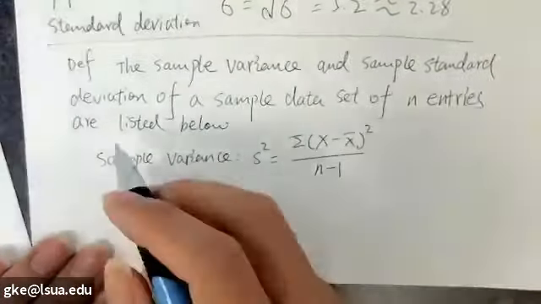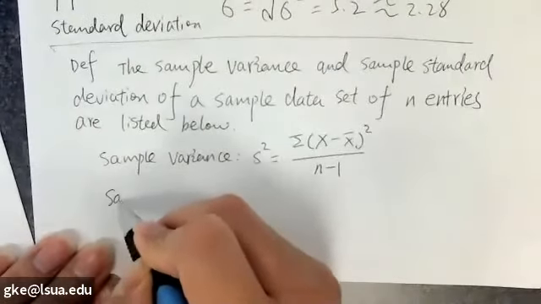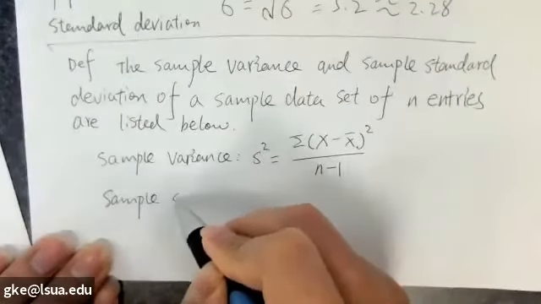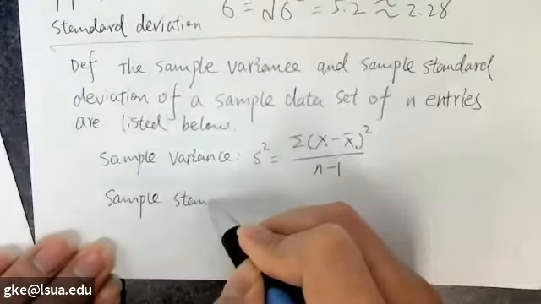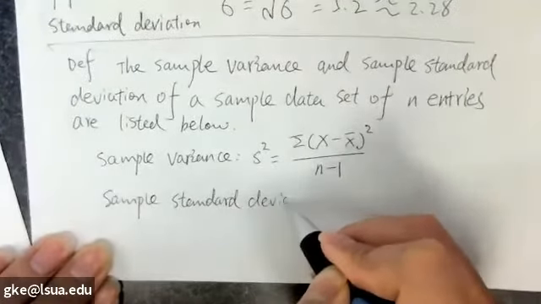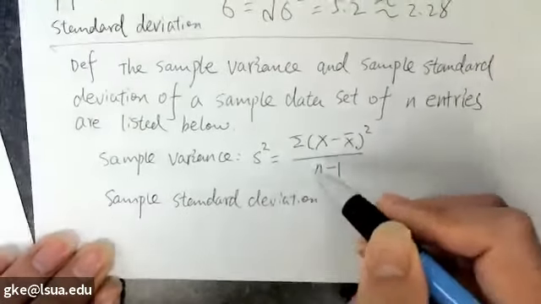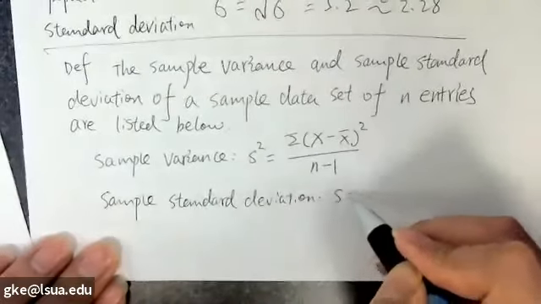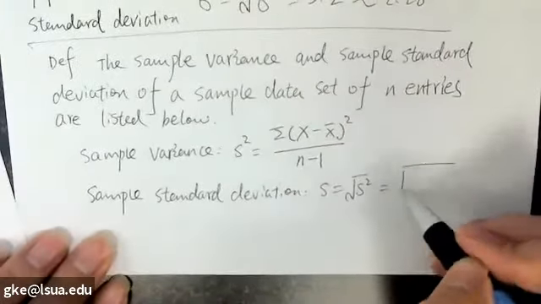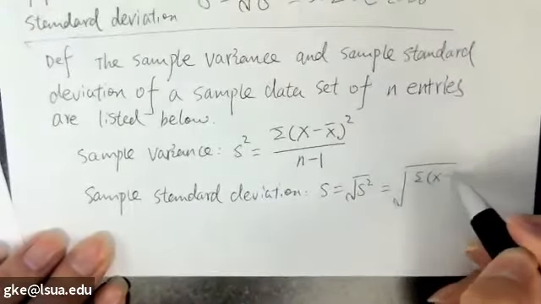And the sample standard deviation, that is s, the square root of s squared, or you can write that as that.